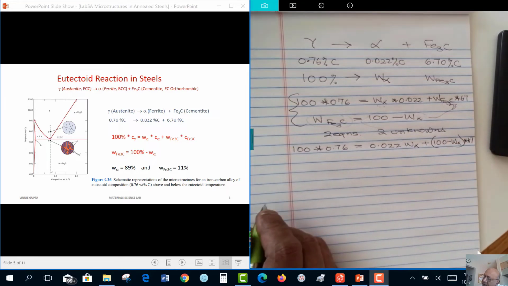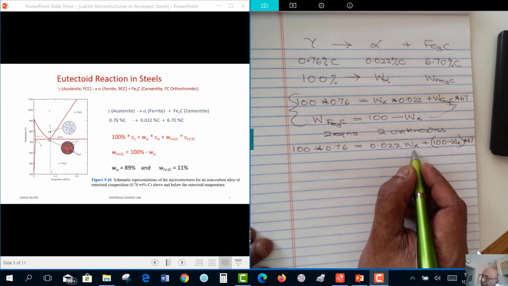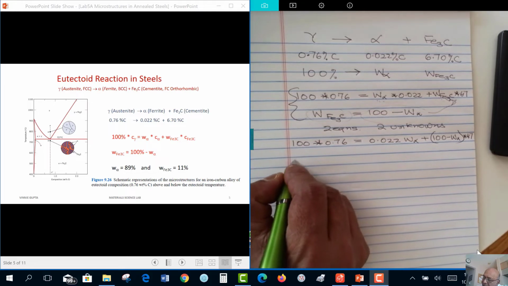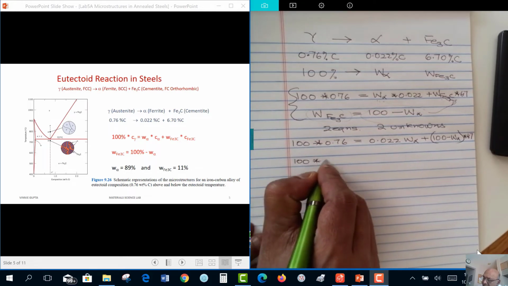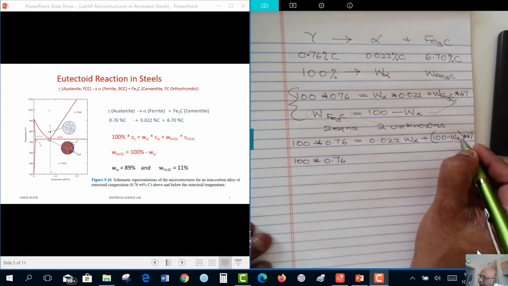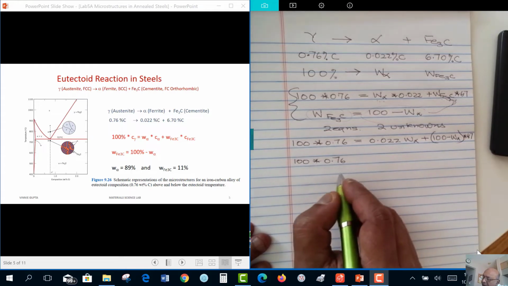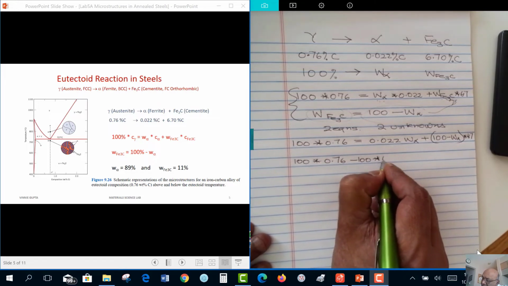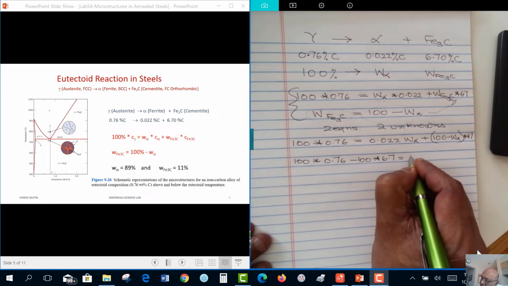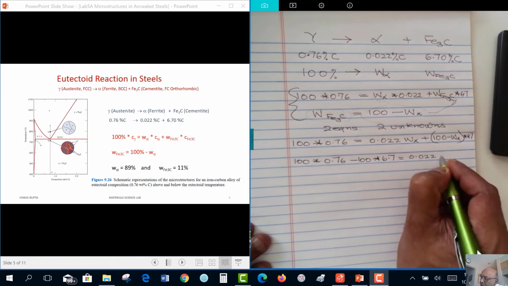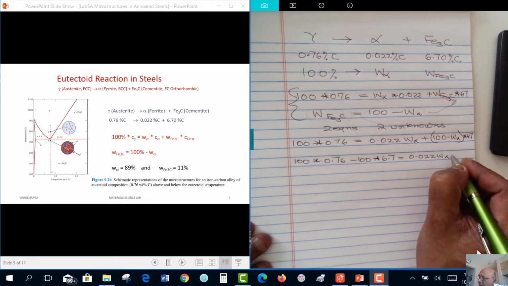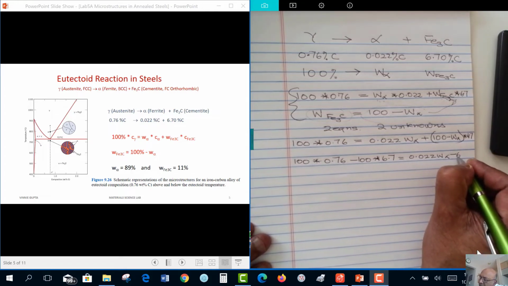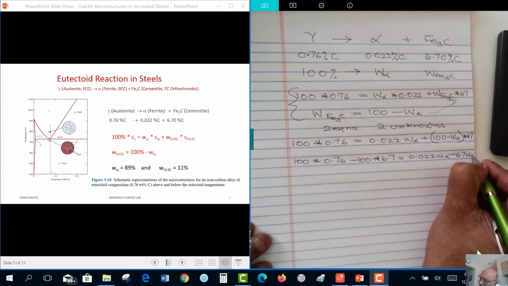So now we have one equation, one unknown, and we can solve for W alpha. So we will get 100 times 0.76, and we can bring this to the left-hand side, minus 100 times 6.7 is 0.022 minus 6.7 W alpha.